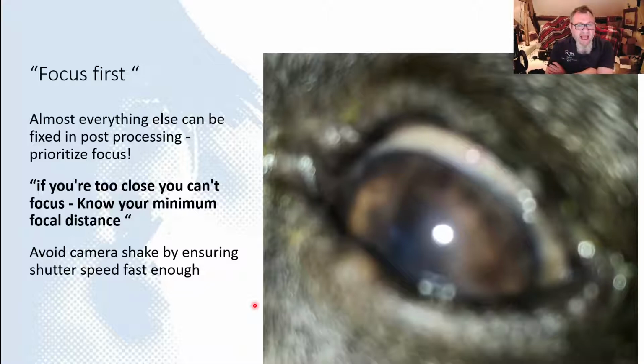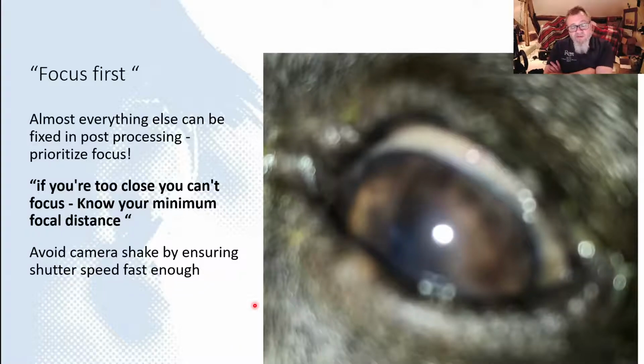Knowing how close you can get your phone to your patient will make a massive difference to reducing blurry photographs. Camera shake will also cause blurring. If your shutter speed is too low, the movement of your hand will cause blurring. Again, that's very difficult to rescue in post-processing.